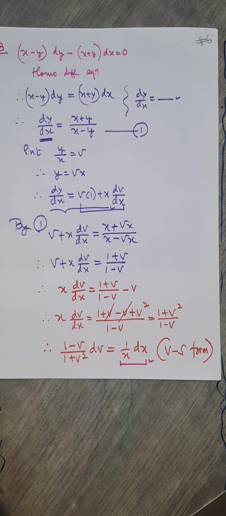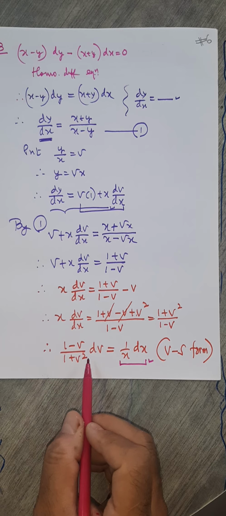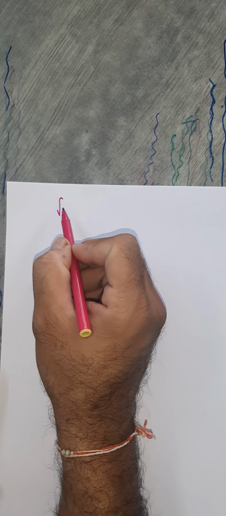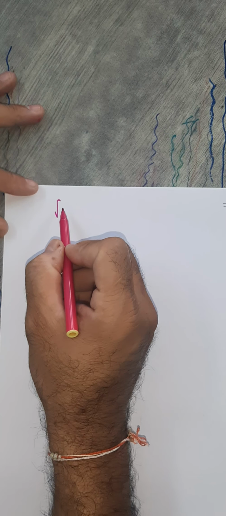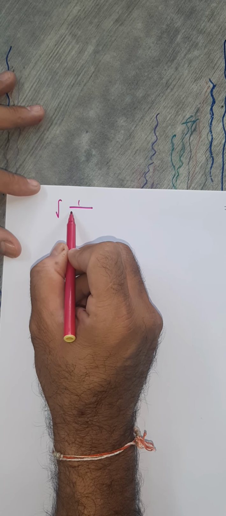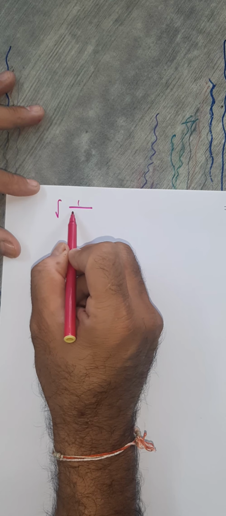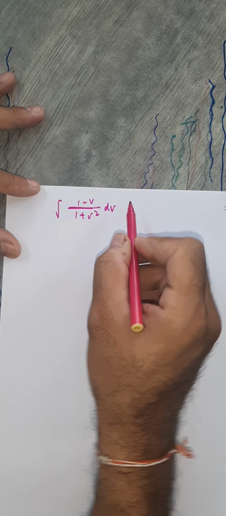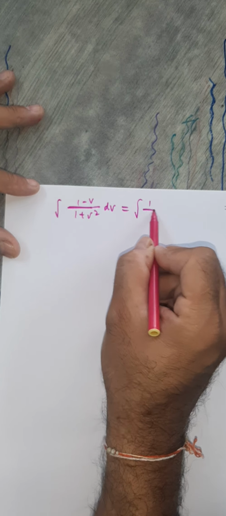Now the question again, integration. How to integrate this? So let's see that. In the next step, we have the integral of (1 minus v) upon (1 plus v squared) dv equals the integral of 1 upon x dx.